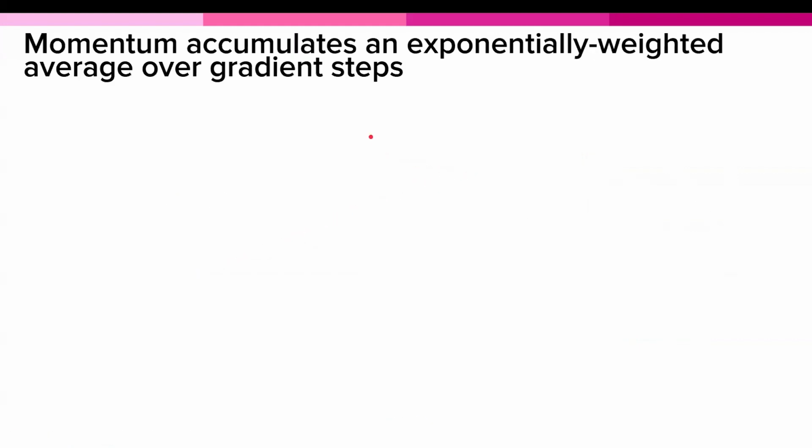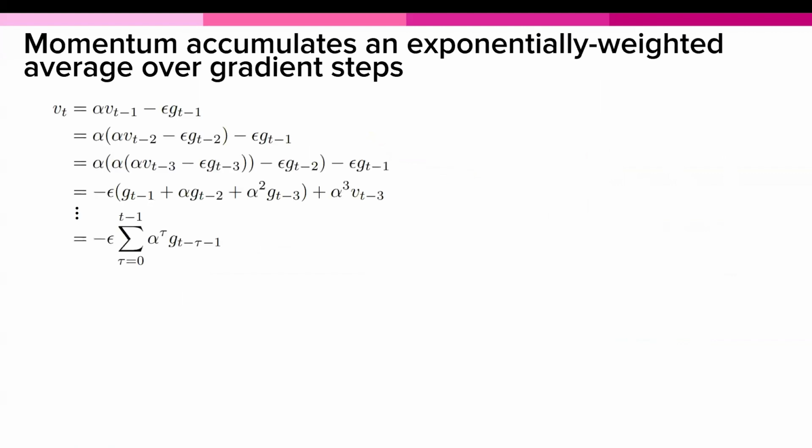To get some stronger intuition for how momentum works, we can analyze the velocity updates. The equation for velocity at time step t depends not only on the current gradient, but also on a fraction of the previous velocity.